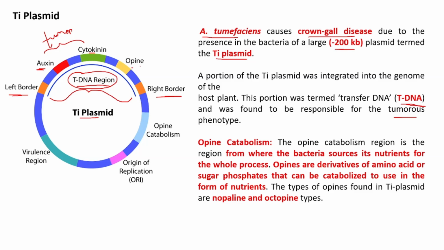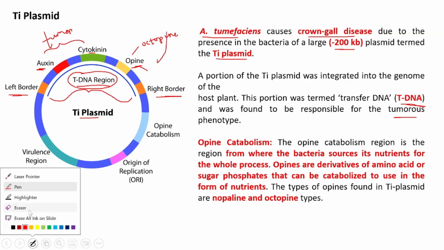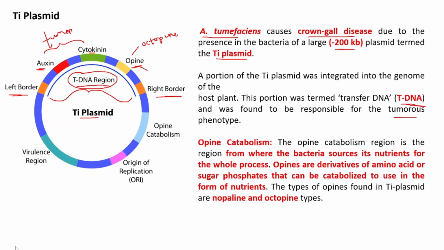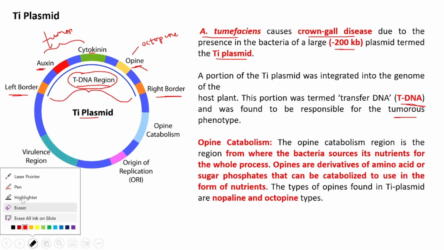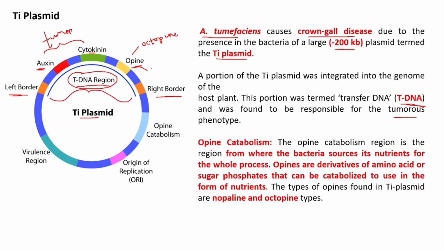Apart from that, you will find an opine gene. Opine is basically a combined term for two catabolism gene products: one is octopine and the other is nopaline.